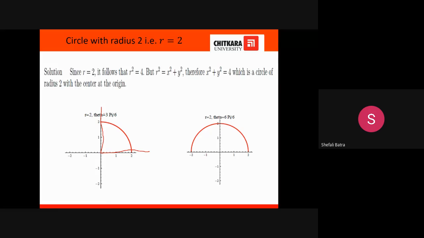So if the question is like evaluate double integration r dr d theta over the first quadrant of the circle r is equal to 2, right? Evaluate this integral over the first quadrant of circle r is equal to 2.